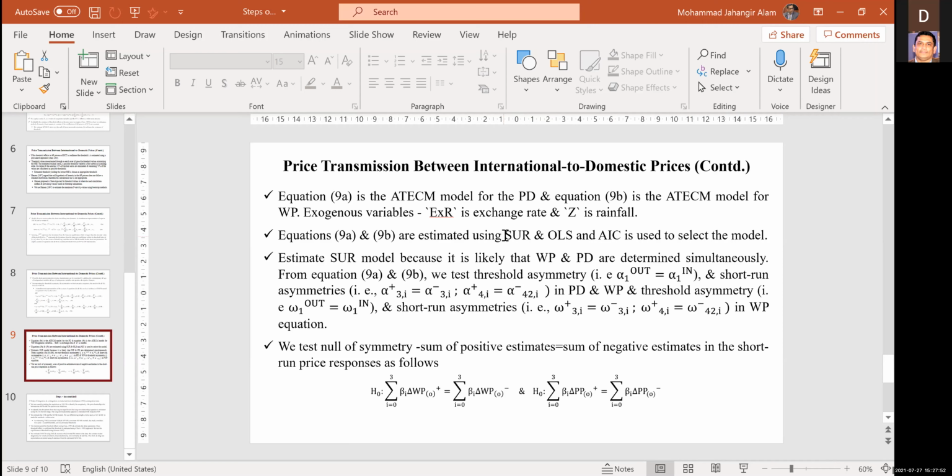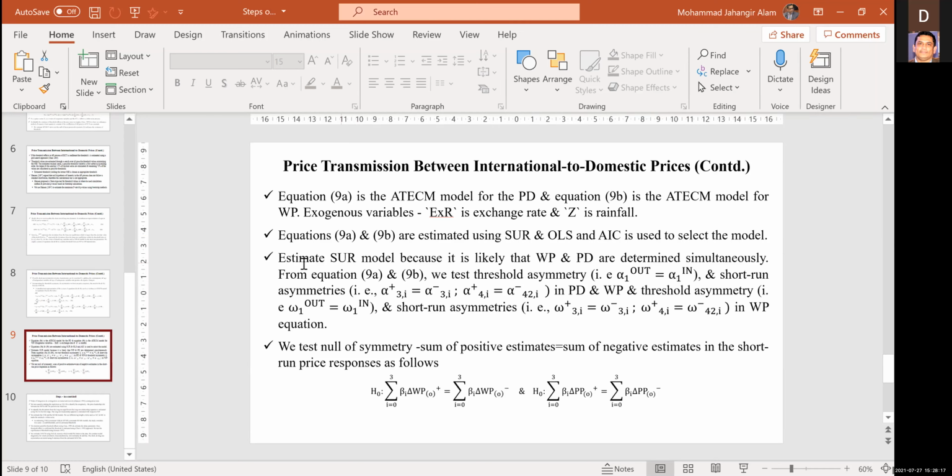We run simultaneously, using seemingly unrelated regression, and also individually simple OLS. And then we use the AIC and SBC or BIC values to select the appropriate model. Minimization of the AIC value helps you select the appropriate model.